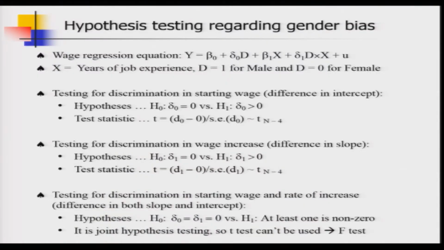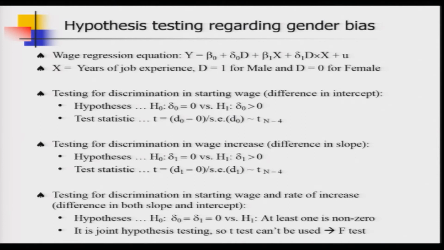So, now we are back to the slide, and let us start with that wage regression equation, the most general case that we studied in the last slide, where we have both the slope dummy and the intercept dummy. Okay. So, here as usual x is the number of years of job experience, and d is the dummy variable where d equals 1 means male and d equals 0 means female.